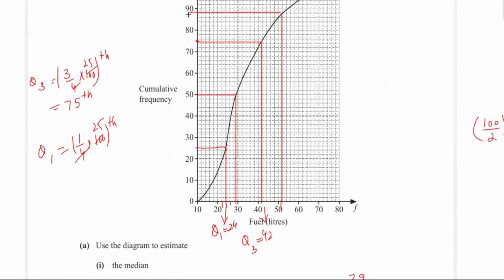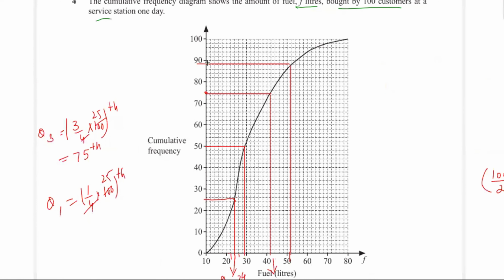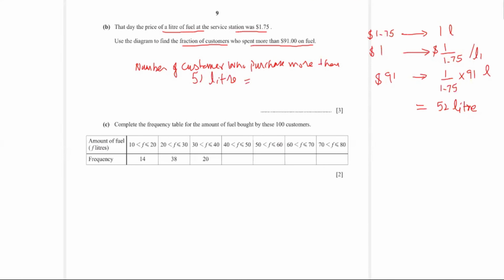The number of customers who purchase up to 52 liters is 88, so the customers who purchase more than 52 liters will be equal to 100 minus 88, and these are 12 customers.